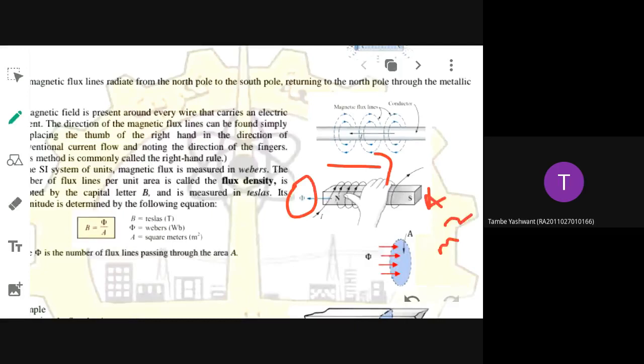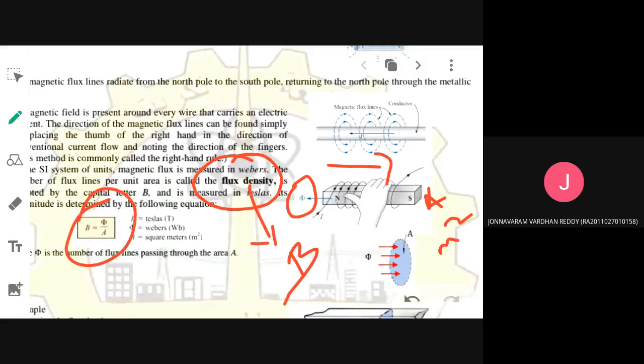Then I want to define the term flux density, indicated by the notation B. To define it, I take the ratio of the flux passing through that area, that is, flux to area.